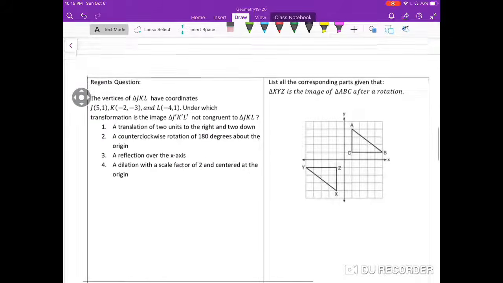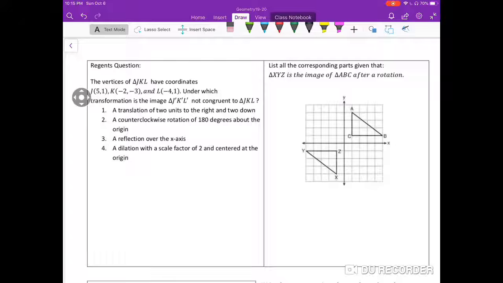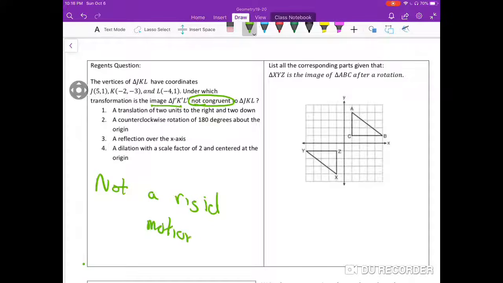So, Regents question number 1. The vertices of triangle JKL have coordinates of J, K, and L. Under which transformation is the image JKL not congruent? So basically this means which one of these 4 choices is not a rigid motion. So as we went over above in the vocabulary, the only one here that is not a rigid motion is a dilation.